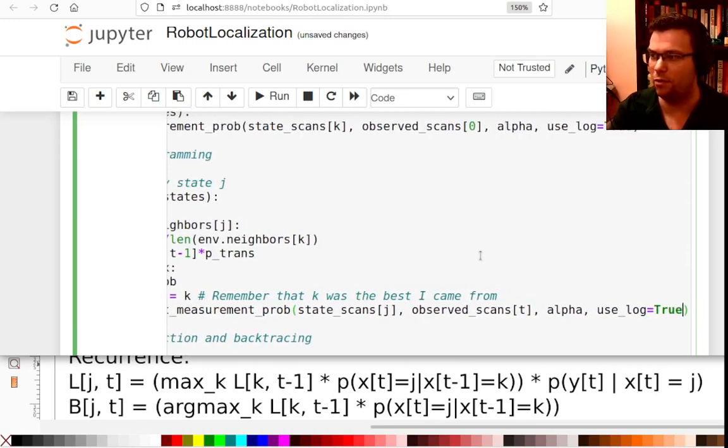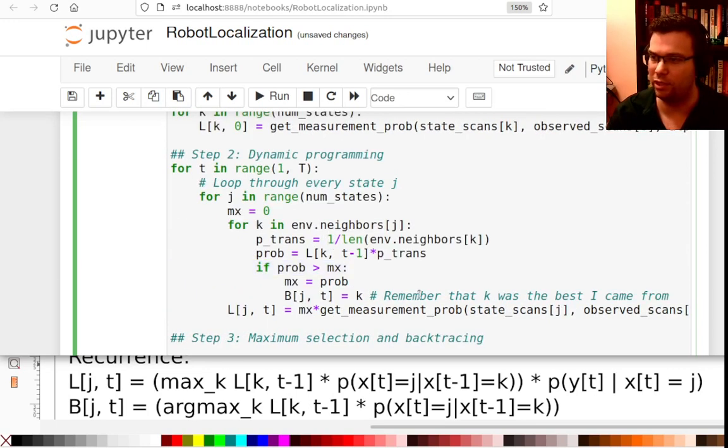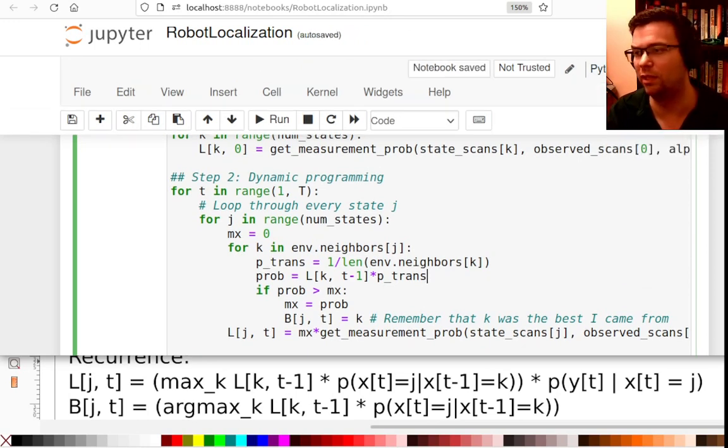Okay, so now there's one little thing I sneaked in here that I need to change compared to the Bayes filtering. So we're going to be multiplying a lot of tiny numbers together, and that will quickly underflow. So just like we did with the naive Bayes when we were doing bag of words and we underflowed there, what we actually have to do is switch to log probabilities.